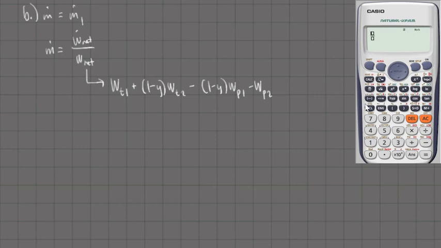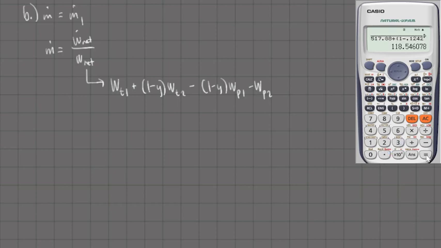We solve this as 100,000 kilowatts. This is our net power generation divided by WT1 is 517.88 plus 1 minus 0.1242 times 382.51 minus 1 minus 0.1242 times the work consumed by pump 1, 1.14 minus work consumed by pump 2, 8.33.